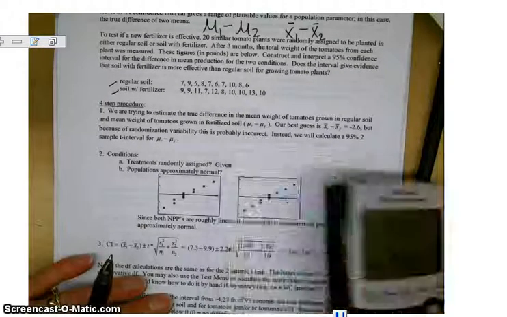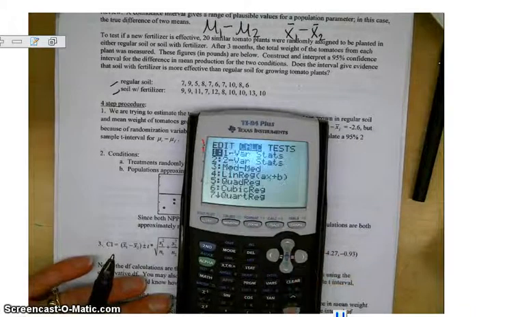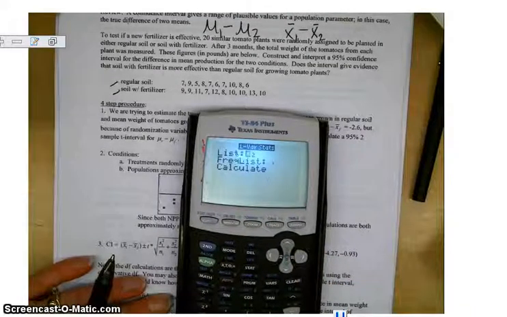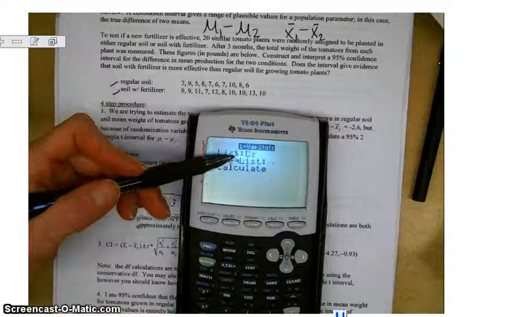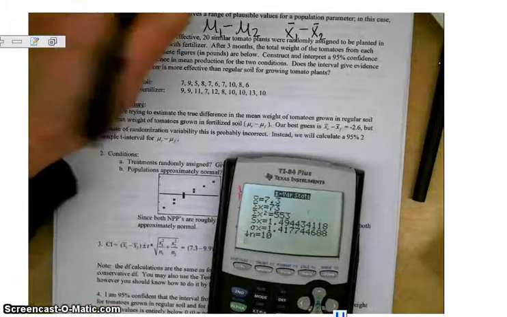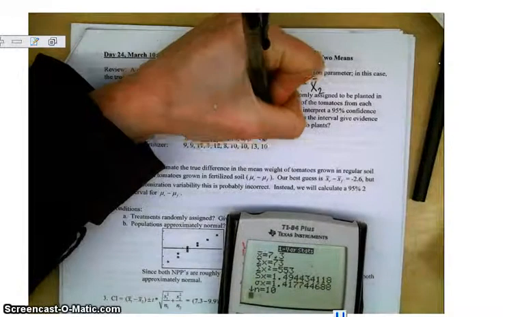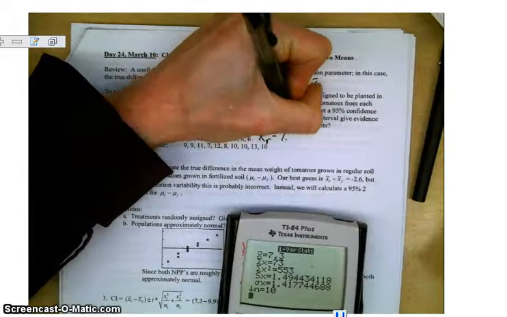So if I calculate the means, if I go stat, calc, one variable stats, my lists are in list 2 and 3. I have a calculator that the first list is deleted. I haven't put it back yet. So X bar for regular soil is 7.3.